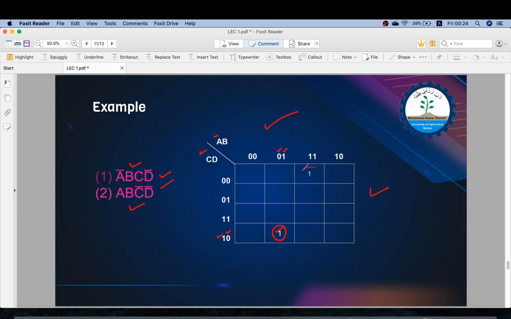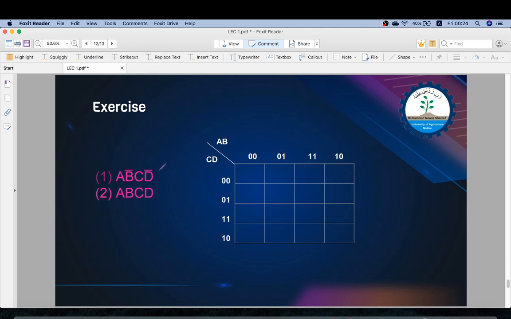If we take this cell, A, B, C complement, D complement, and our equation is also A, B, C complement and D complement. So this is how we plot our equation on the K-map. I think it's very simple.